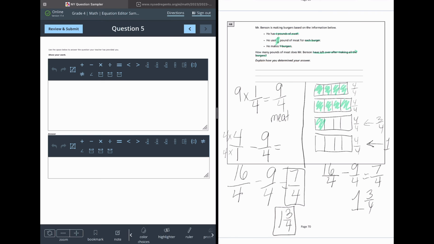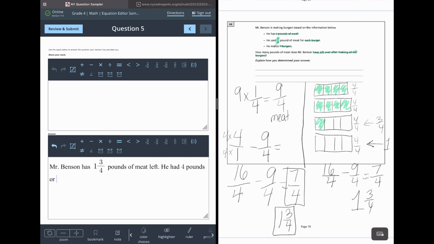So I'm going to start by putting how many burgers of meat does he have left, and explain how I determine my answer. Mr. Benson has, we'll use this one, 1 3/4 pounds of meat left. He had 4 pounds, or 16 fourths pounds of meat.